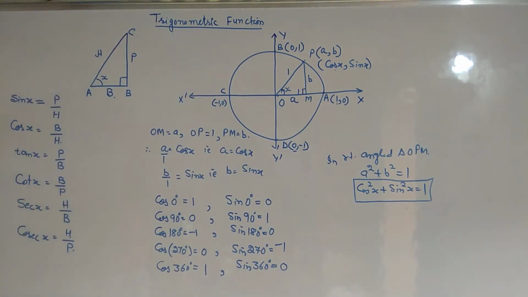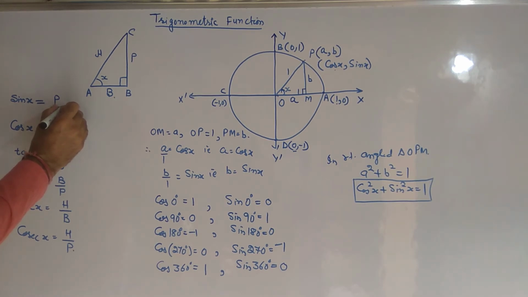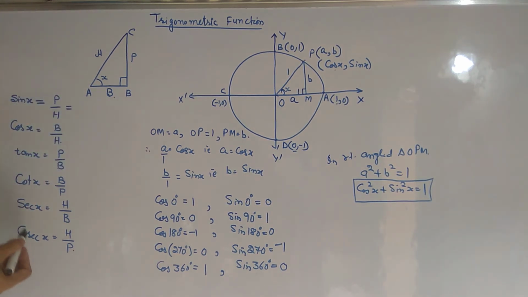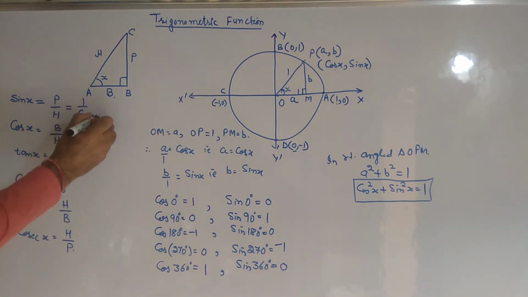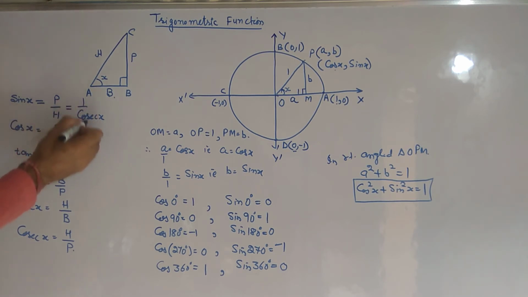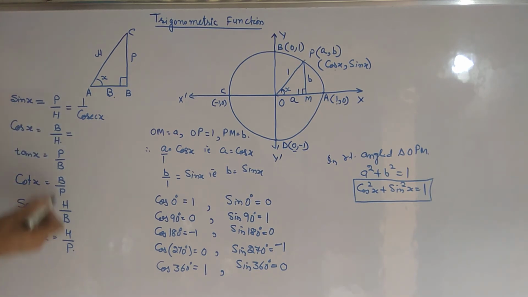Now see here, what is sine x? Sine x is the reciprocal of cosecant x, means 1 upon cosecant x. Cosecant x is equal to 1 upon sine x. Similarly, cos x is 1 upon secant x, and they are reciprocals, vice versa.